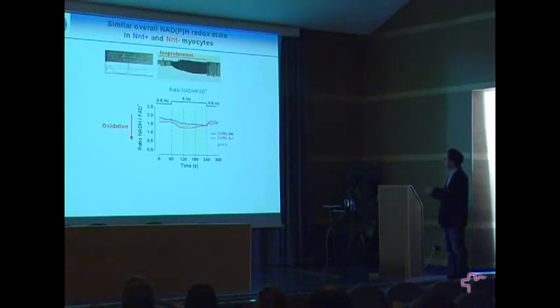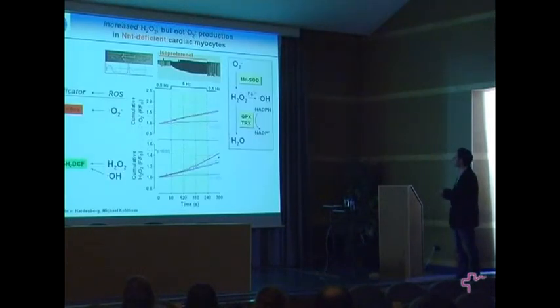However, as I said, it does not report how much of this signal is NADPH and how much is NADH. In order to get that, we need to look at something that is only NADPH dependent, namely the elimination of H2O2. And now, under these conditions, despite a similar increase in superoxide generation, which is by mitochondria, the H2O2 formation reported by DCF was increasing in the mice that lack the NNT.